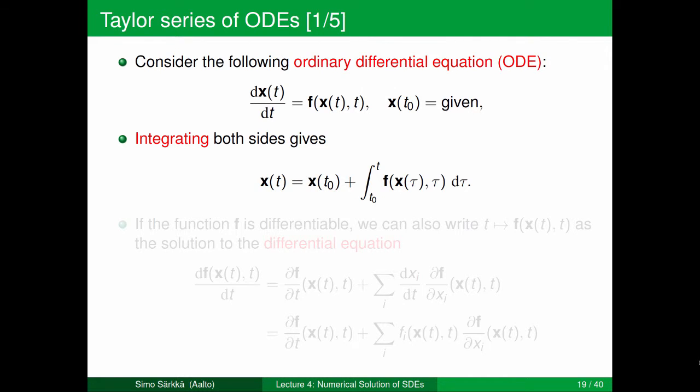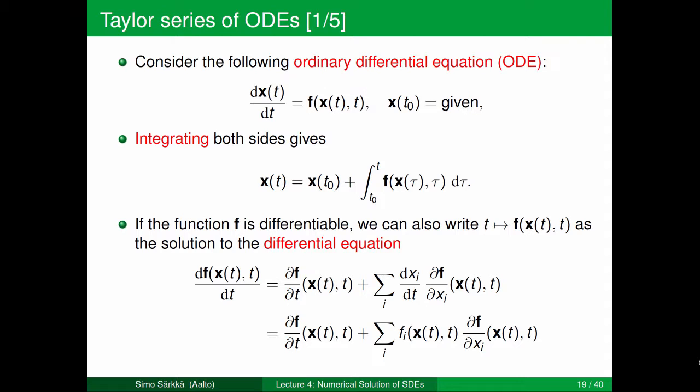Now we can use the trick that if function f is differentiable, we can also consider f of x and t as only a function of t and write the differential equation for it. So the differential equation reads: the time derivative of f is equal to the partial derivative of f with respect to t plus the sum over i of the derivatives of x_i with respect to time times the partial derivative of f with respect to x_i, which in turn is equal to the partial derivative of f with respect to time plus f_i times the partial derivative of f with respect to x_i, summed over i.